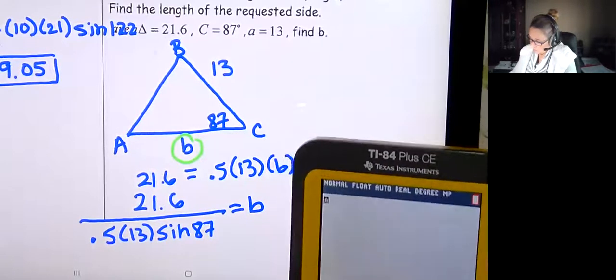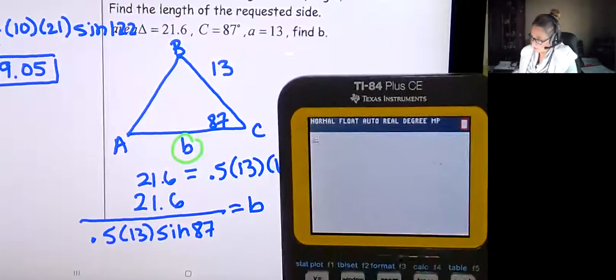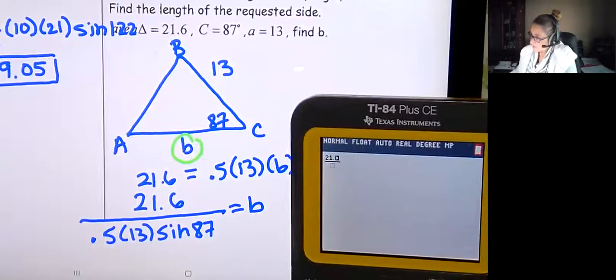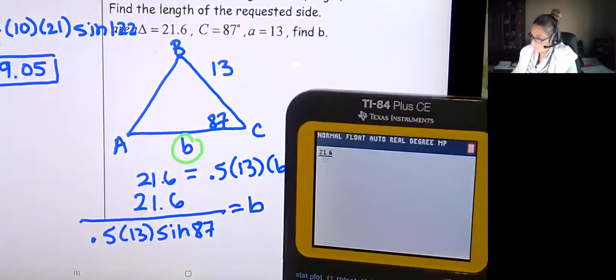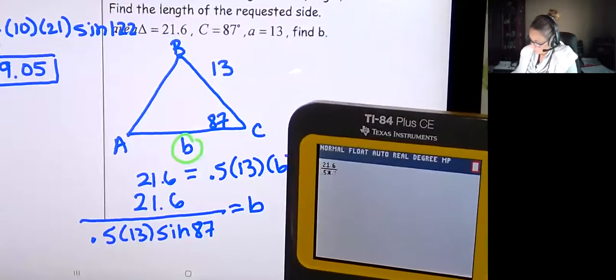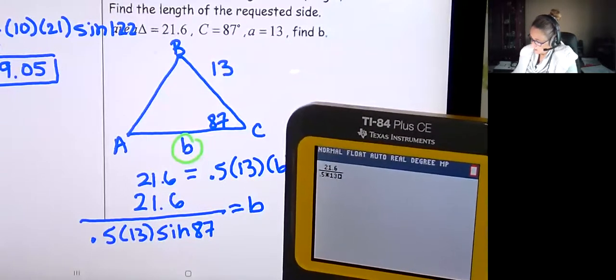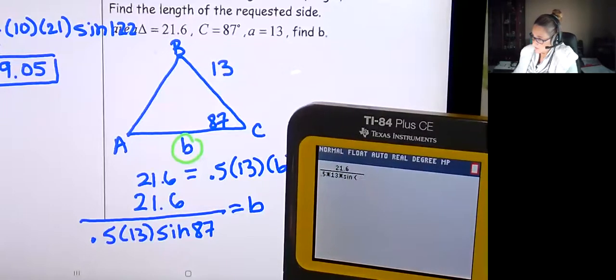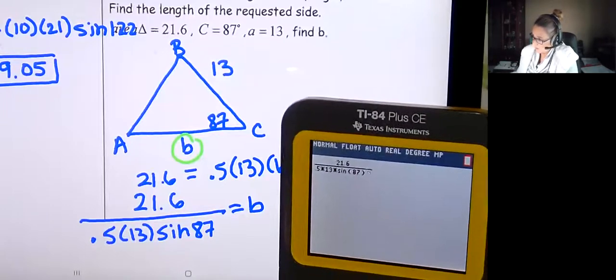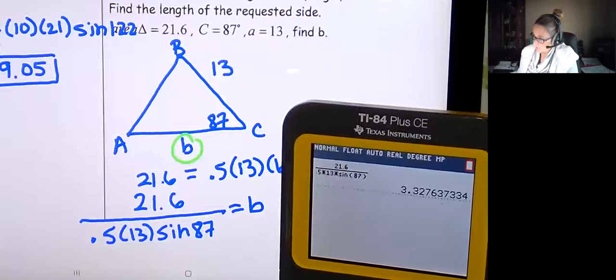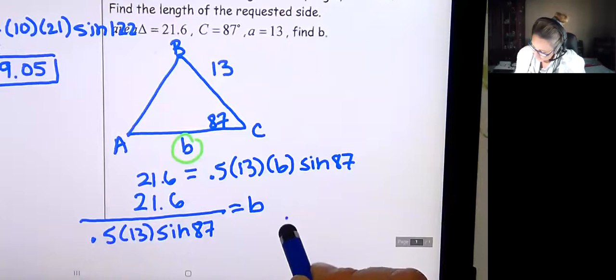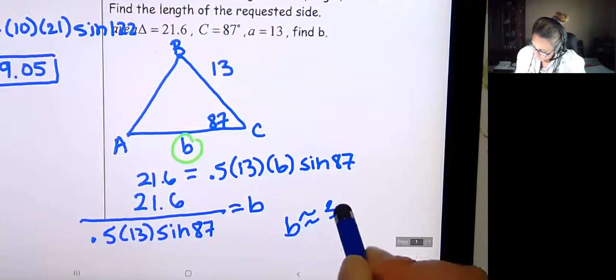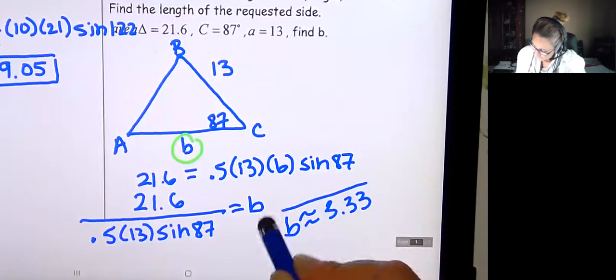So I'm going to do alpha y equal, get my fraction, 21.6 over 0.5 times 13 times sine of 87. And I end up with 3.33, let's say. So B is about 3.33. And that's your answer.